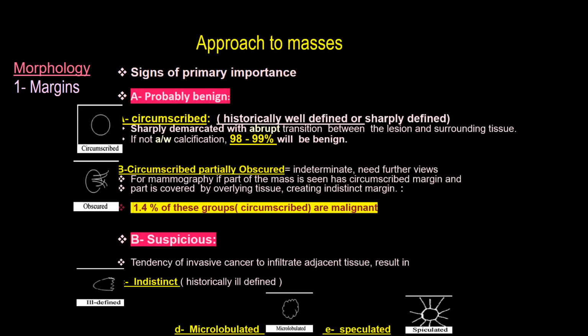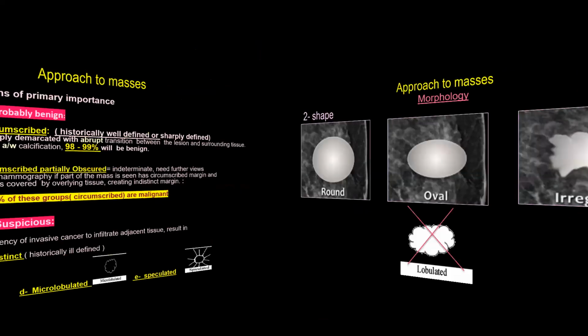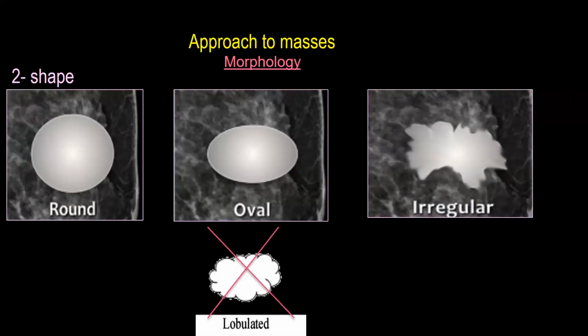We don't know if they are going to change it in the expected coming 6th edition, or if it will remain the same. And the other one is microlobulated, and the highest suspicious predictor of malignancy is speculated margins. Okay, let us go to the second descriptor of morphology, which is the shape.